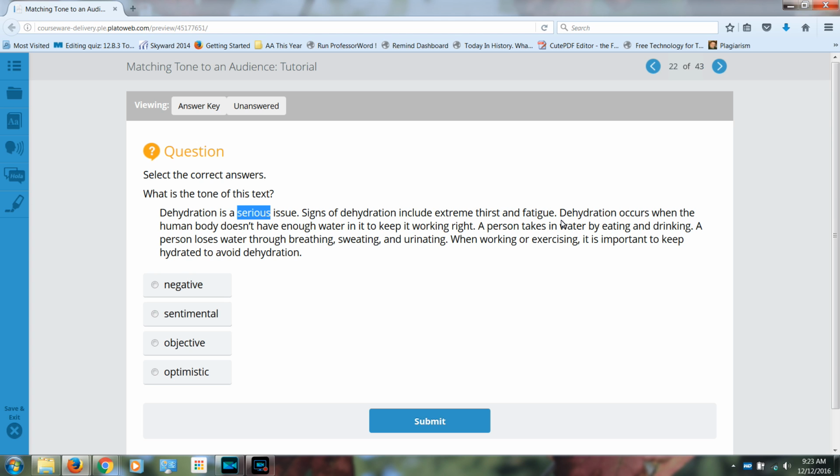So if you're looking at this, okay, a person loses water through breathing, sweating, and urinating. Well, what do you know? That is a fact. So is a fact negative, sentimental, objective, or optimistic? Kind of think this is going to be objective.